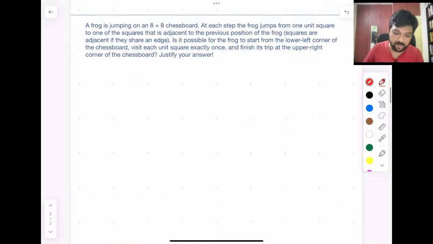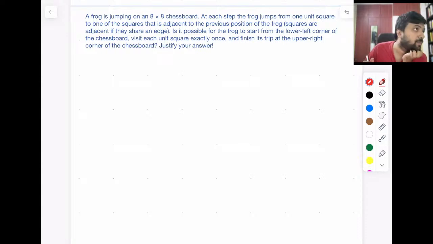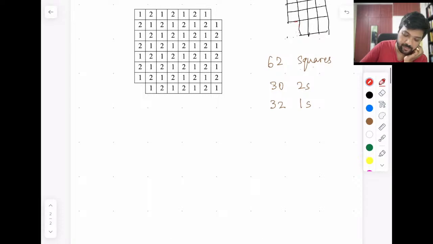Maybe all of you have seen that problem. Here is a similar problem, and I want all the people in the stream to think about it for a minute before I start solving it. So a frog is jumping on an 8 cross 8 chessboard. Okay, so it's something similar. So let's copy this picture.